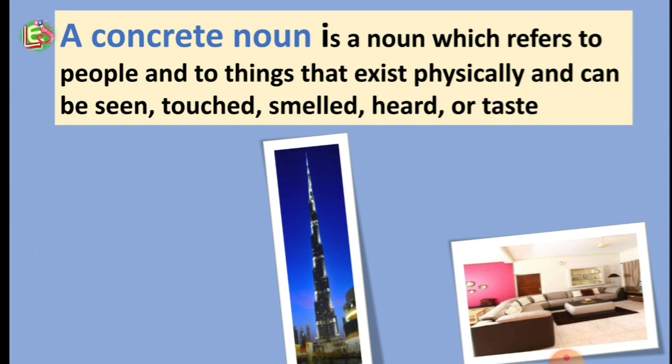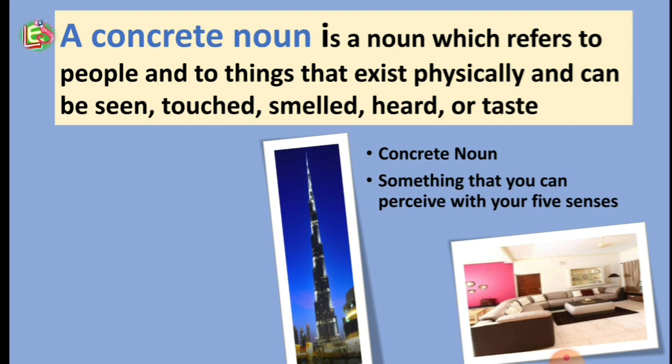As per the name, a concrete noun is a noun which refers to people or to things that exist physically, can be seen, touched, smelled, heard, or tasted. For example, concrete nouns are something that you can perceive with your five senses.